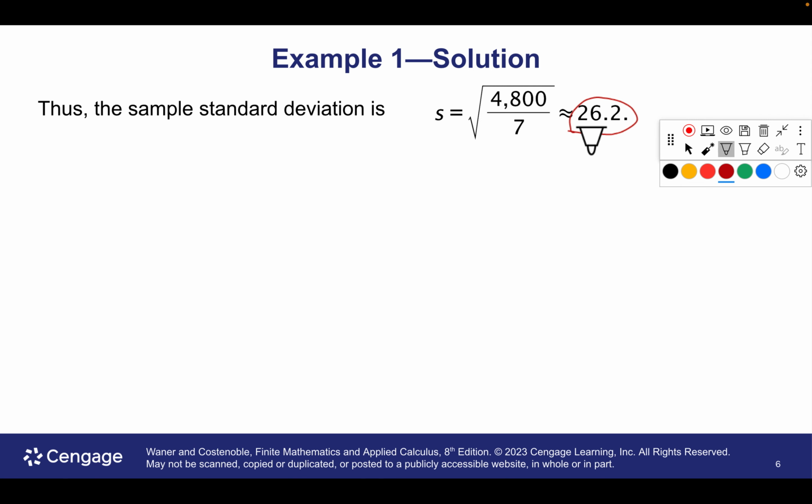And now this is where we're actually going to use it, and it'll give us a feel for what it means. So what did we have? Our mean was 40, right? That's the middle.